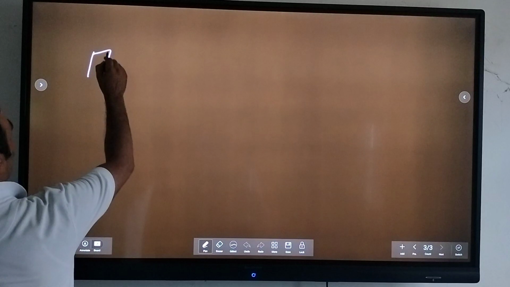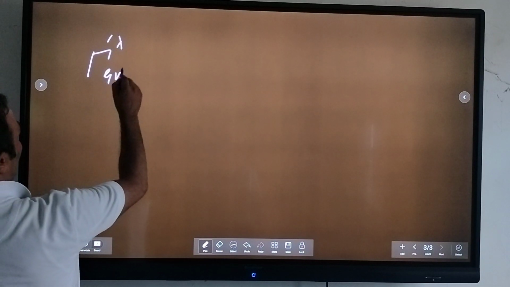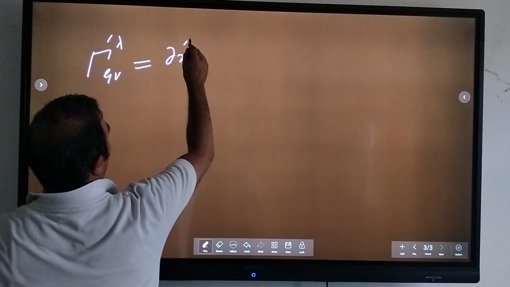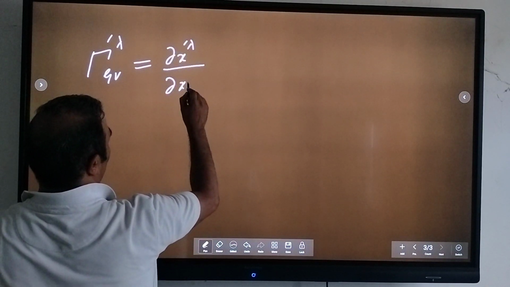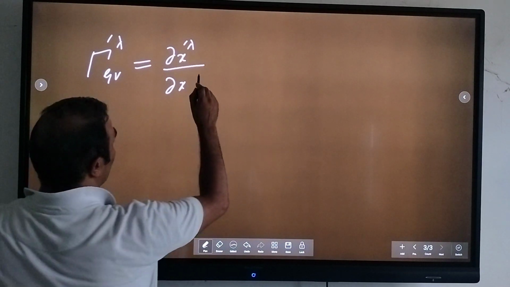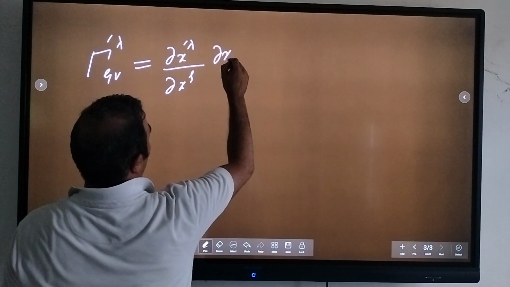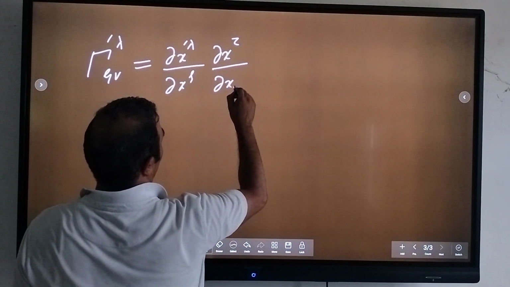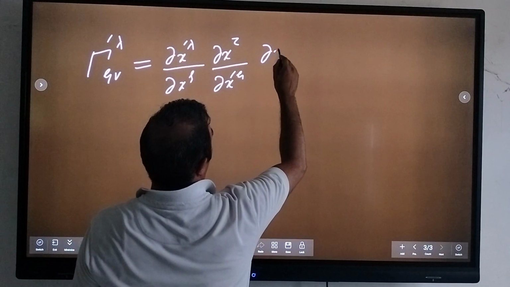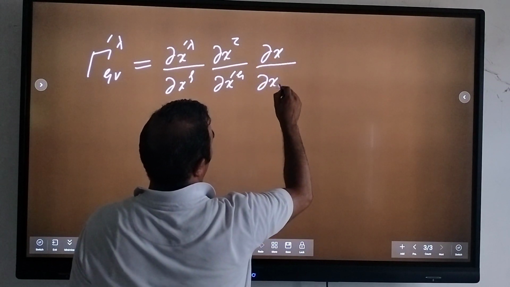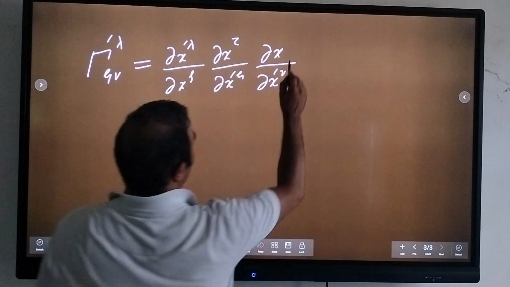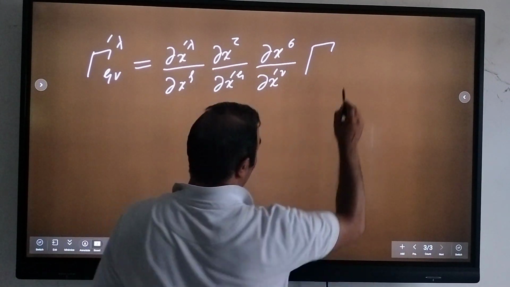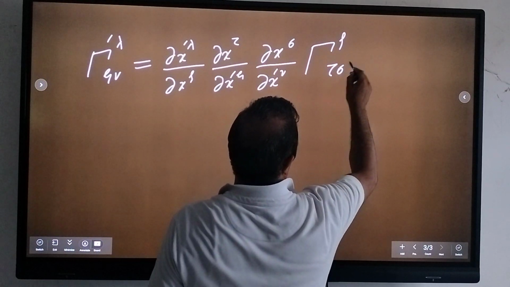So the first equation I can write as partial lambda prime mu, that's equal to partial x prime lambda, partial x rho, partial x tau, right?